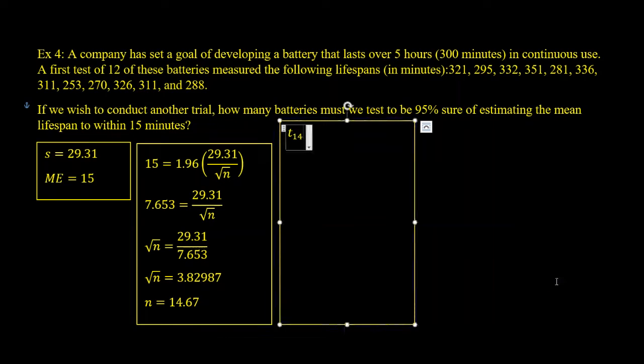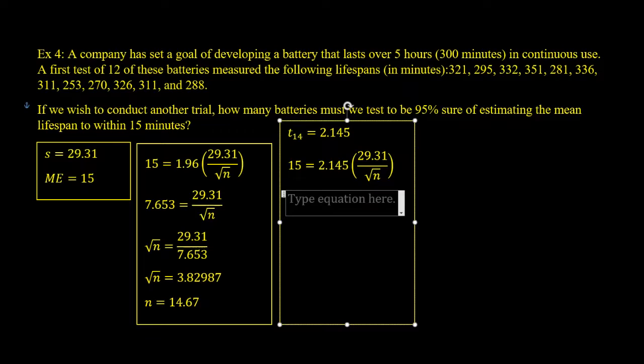So T of 14 equals 2.145. We find that from the T table. 15 equals 2.145 times 29.31 over the square root of n.